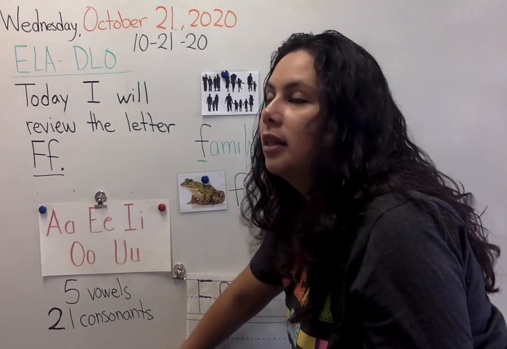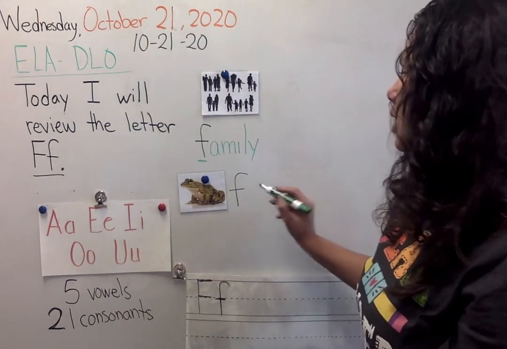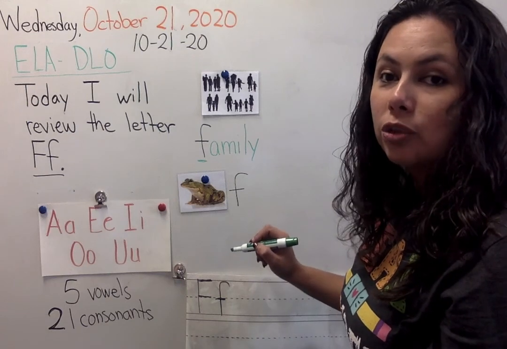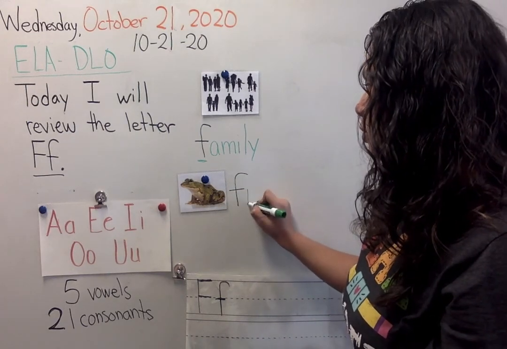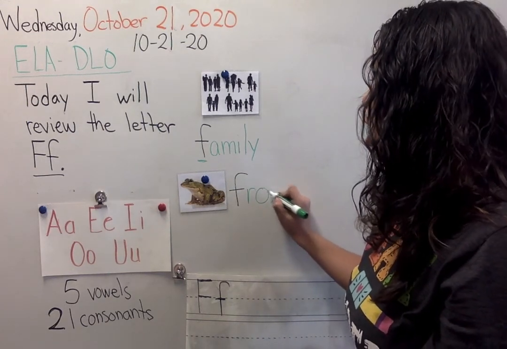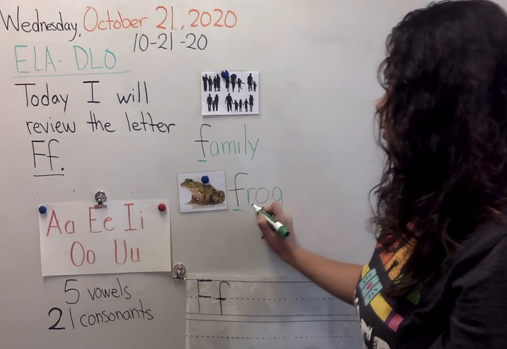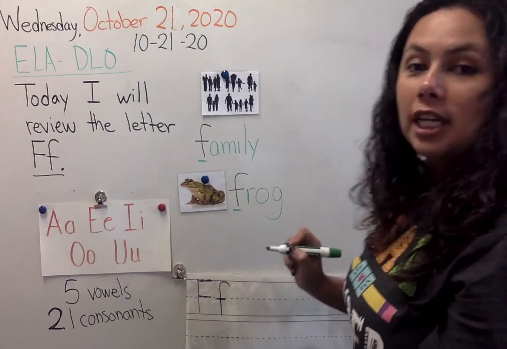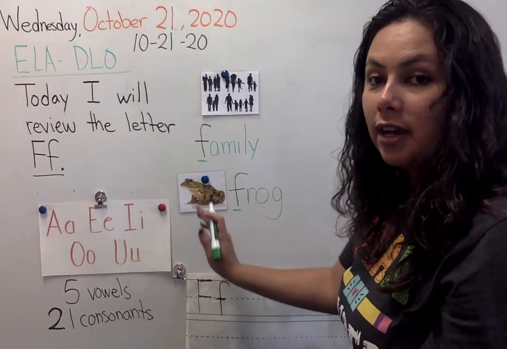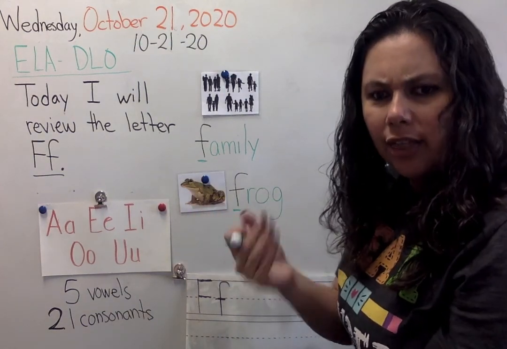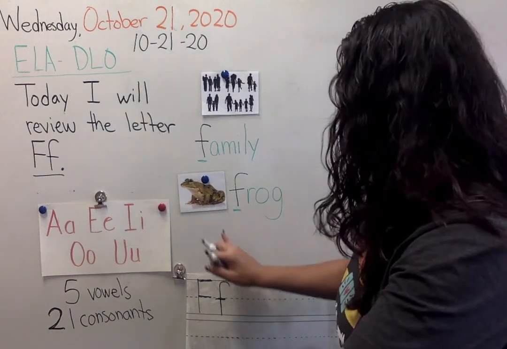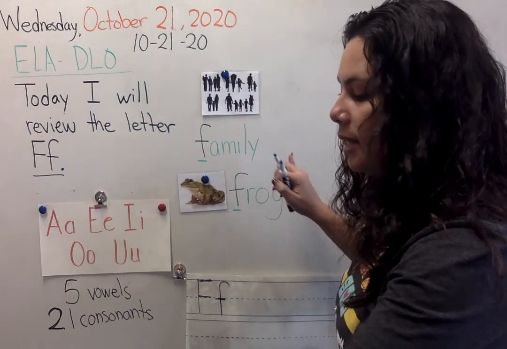But I am going to write, there's the onset, the very first sound. Then I'm going to write the rest of the word, which is the rhyme. Rog. Frog. First I did the sounds because I'm listening for that very first sound, and then I blend them together to say the word, right? Frog.